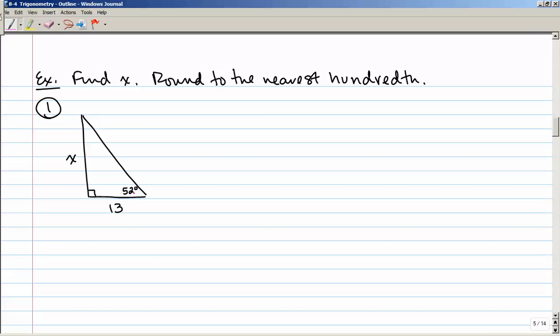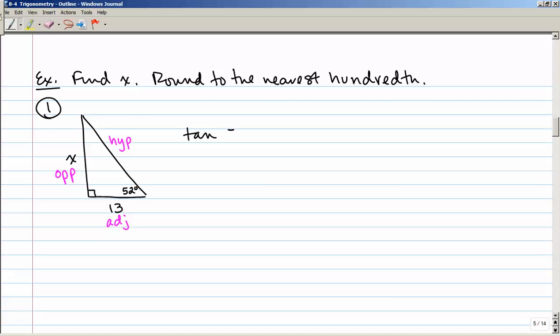In relation to this 52-degree angle, x is opposite, 13 is adjacent, and this is the hypotenuse, and unfortunately I don't know anything about it, but I don't need to find it. So which of our trig functions uses adjacent and opposite? Because I don't know anything about the hypotenuse, I can't use sine or cosine. The one that uses that is tangent, because recall that tangent is opposite over adjacent.